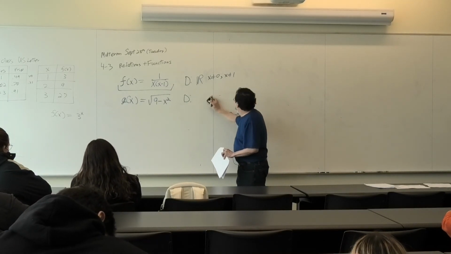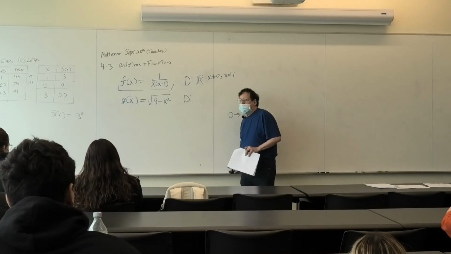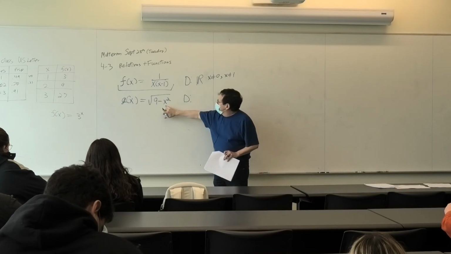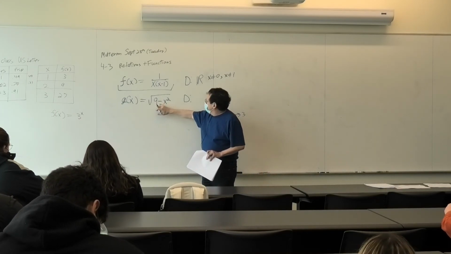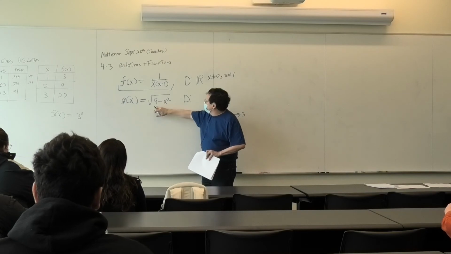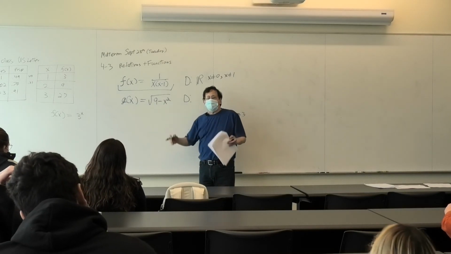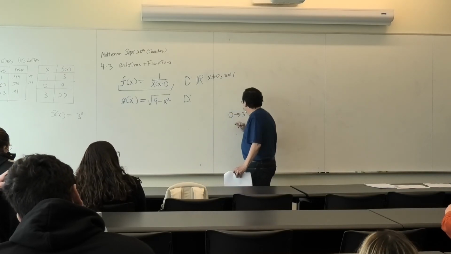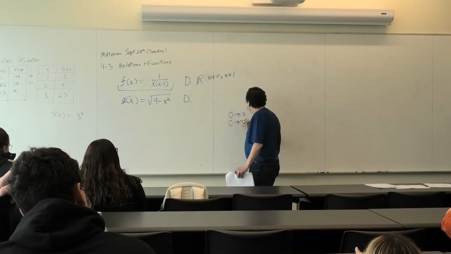Anything else? How about minus 1? 9 minus 1 squared, that's 9 minus 1, square root of 8. Oh, that works too. Right, can you see where this is going?